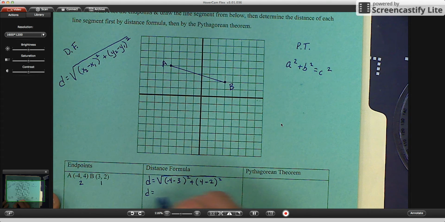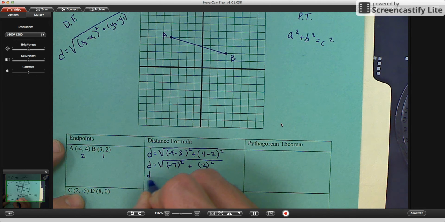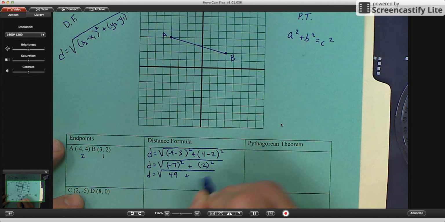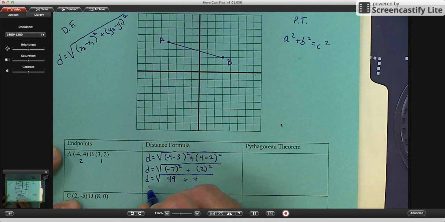So d is equal to the square root of negative 4 minus 3 is negative 7 squared, plus 4 minus 2 is 2 quantity squared. And then I'm going to slide it up here a little bit so you can see. Negative 7 squared is negative 7 times negative 7, which will be 49. Plus 2 squared is 4. That simplifies to d is equal to the square root of 53.